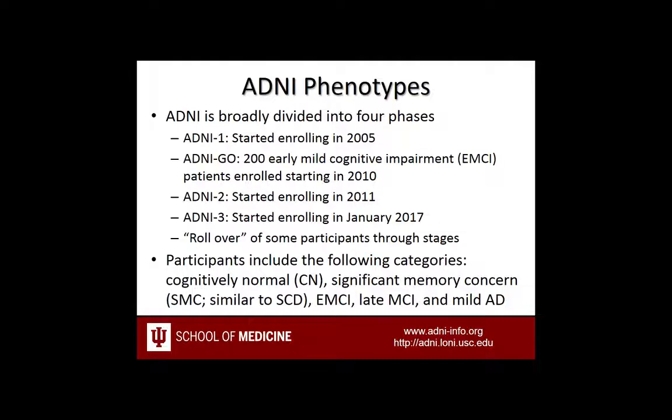So ADNI is broadly divided into 4 different phases. It started in the early 2000s with ADNI-1, which I think we're going to mostly be using data from at this phase. And then in 2010, there was some additional funding as part of the grant opportunities to enroll, specifically targeting people who were in the early part of the mild cognitive impairment spectrum.